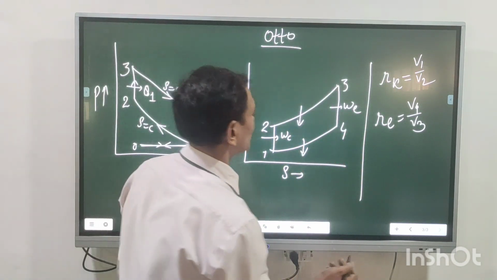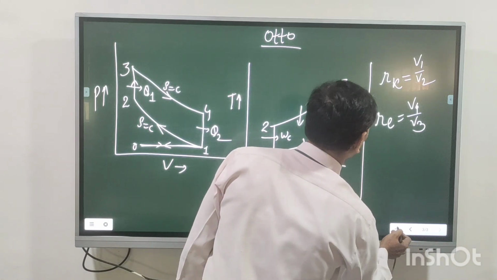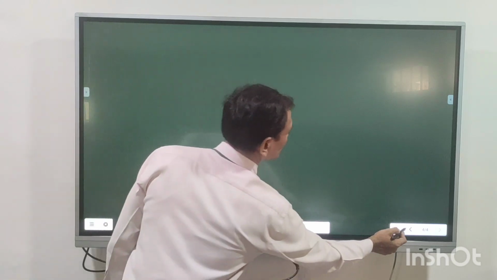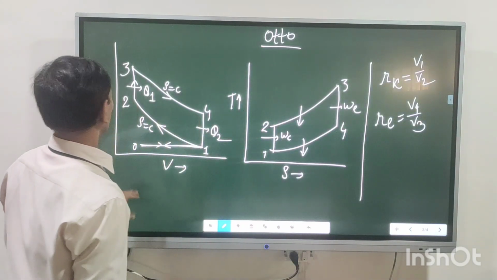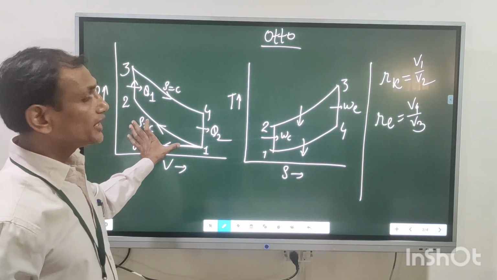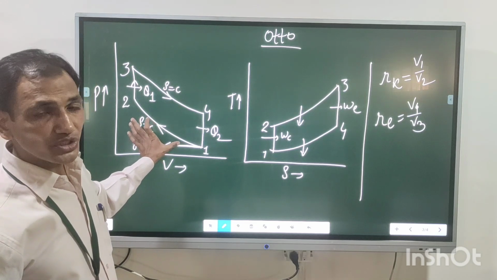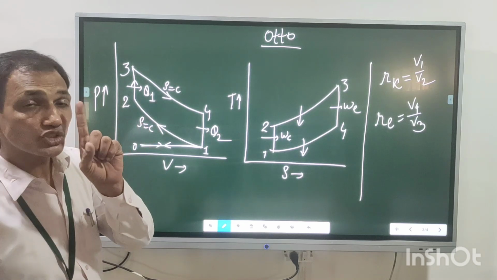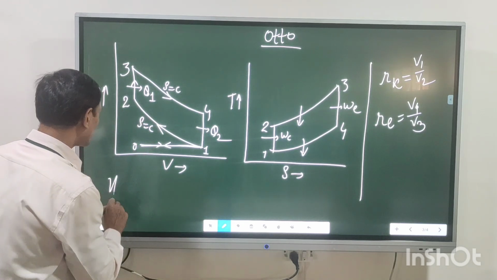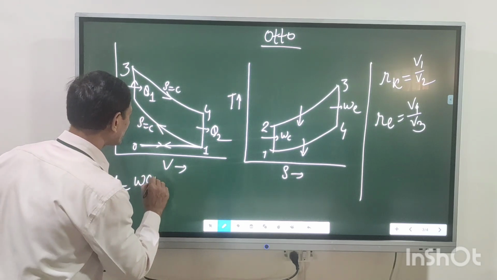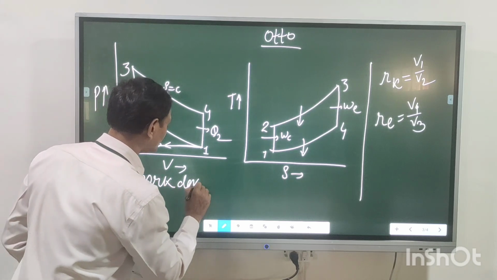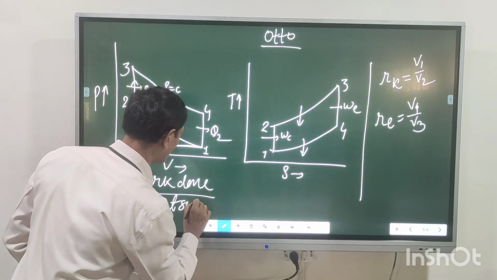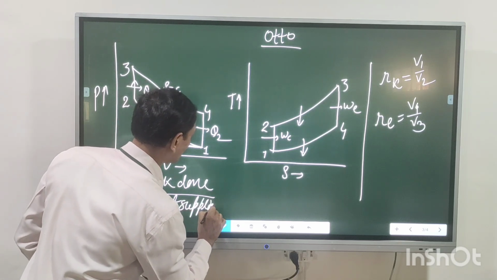Now I am going to derive the efficiency of the Otto cycle. Going to the next slide, in process 1 to 2, entropy is constant. At first I have to find the efficiency of the Otto cycle. So we know that efficiency is equal to work done to the heat supplied.